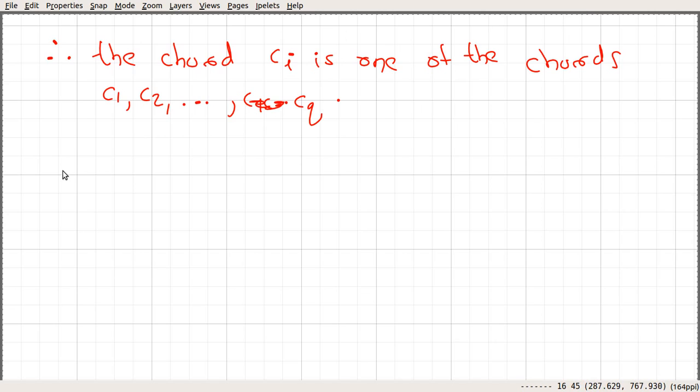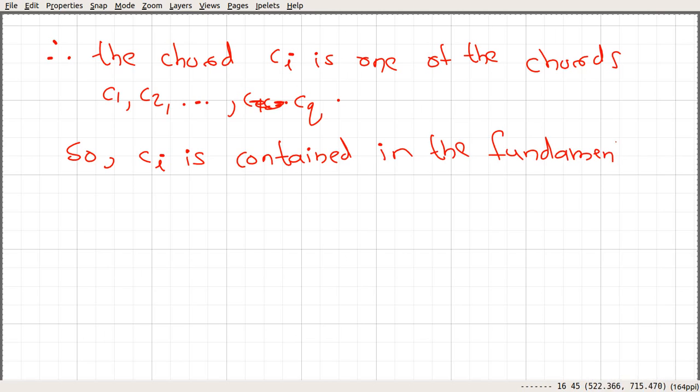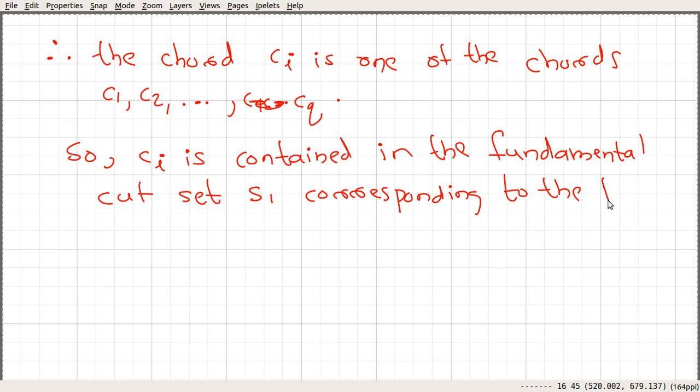That says Ci is contained in the fundamental cut set S1 corresponding to the branch B1 of F. So we are able to prove the first part.